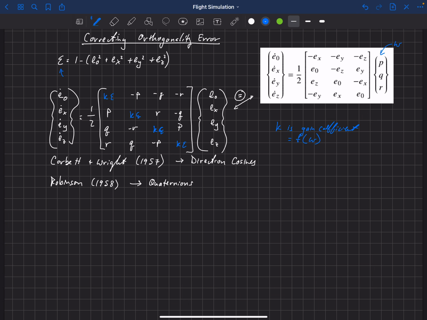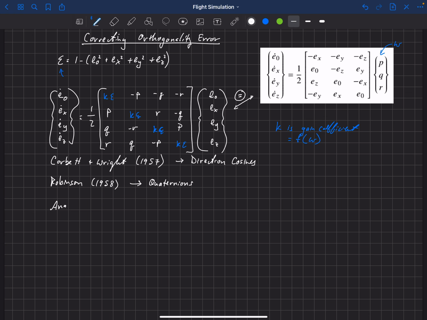In order for this to be accurate, you have to choose a gain coefficient that's related to how quickly you're rotating, and if you use this, then it corrects for this orthogonality error, and it does a pretty good job for analog computations. When this was developed back in the 50s, they were using analog computers. Analog computers are inherently first order.